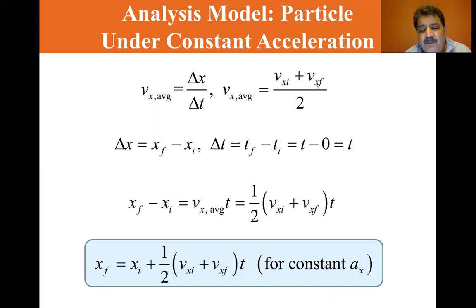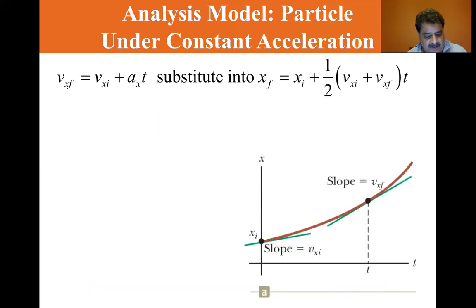So to get the final position, you take the initial position plus the average velocity times time, and you get the final position.